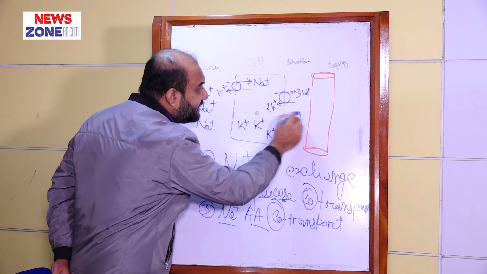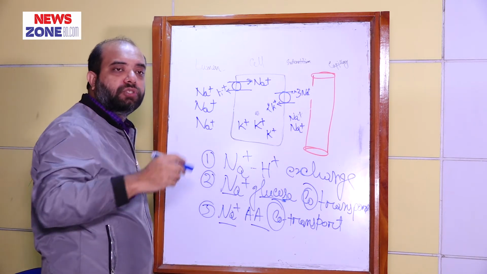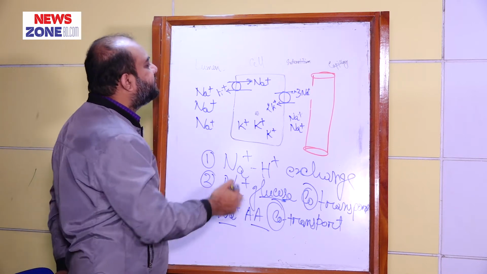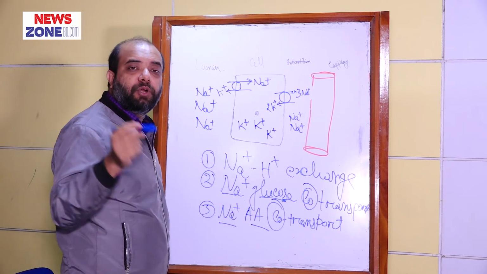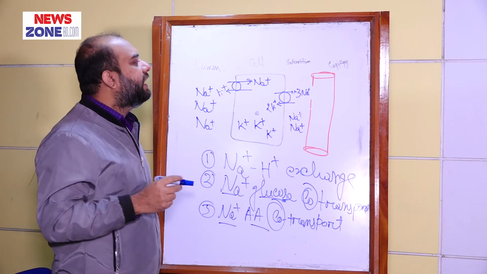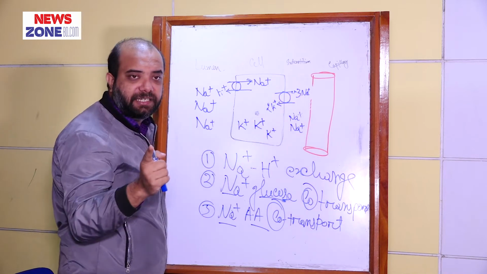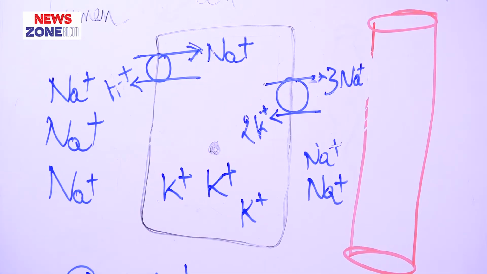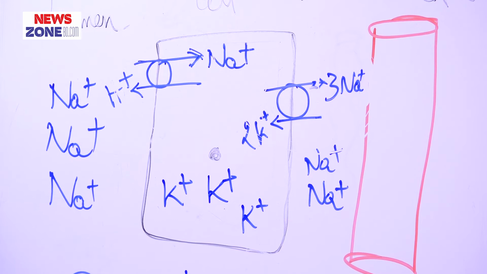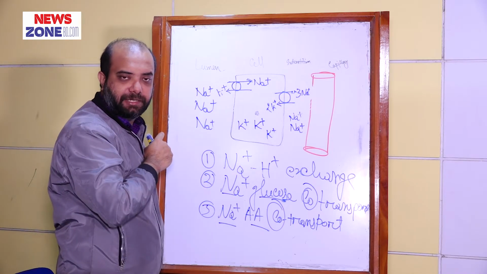But in this case, what will happen? 3 sodium ions go against the concentration gradient, and also the potassium ions go against the concentration gradient. So it is a clear and good example of primary active transport, and the other is a great example of secondary active transport. Which variety? Counter transport variety of the secondary active transport.